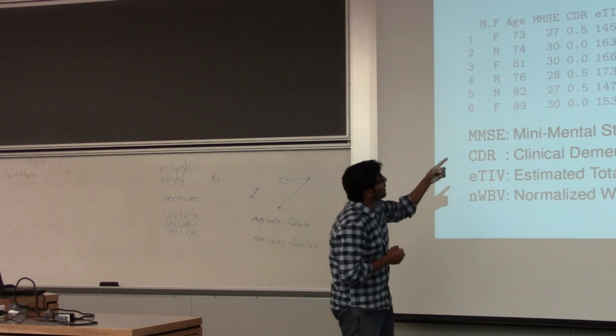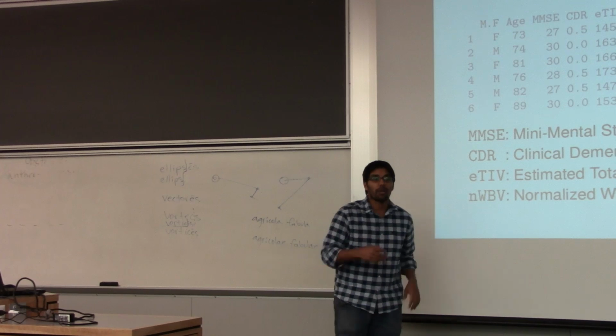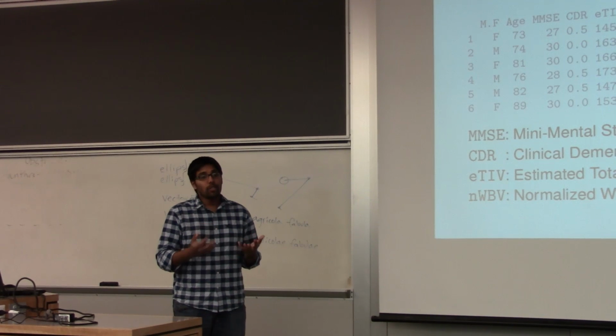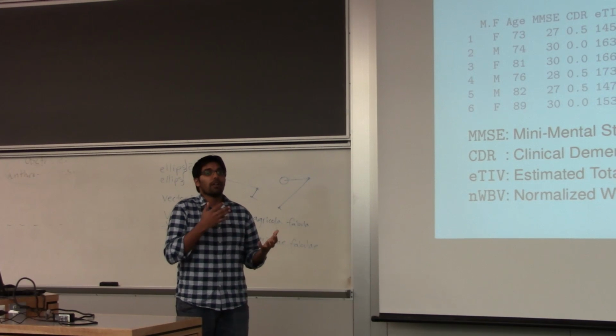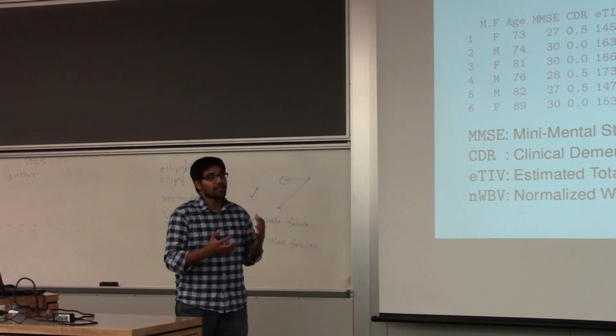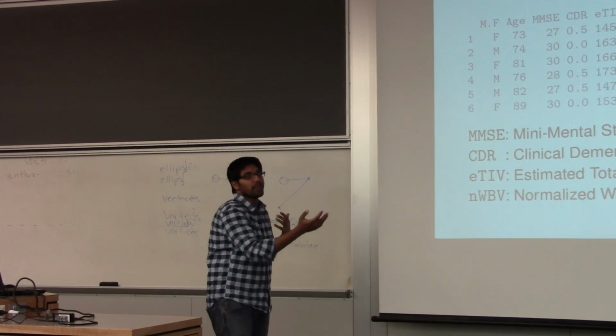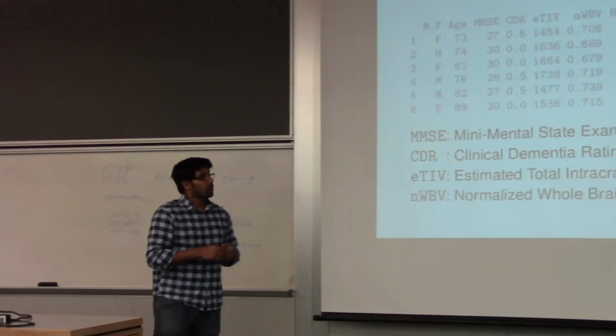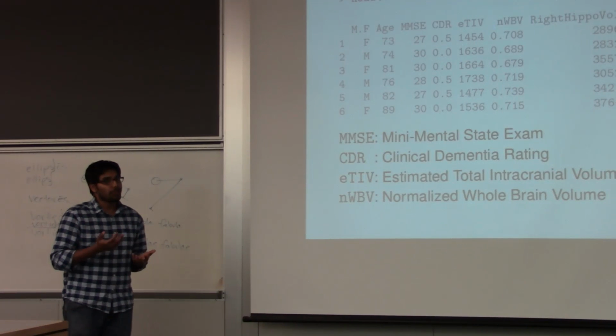The CDR, TIB, and you have all these variables, and you want to ask whether volume is correlated to or can be modeled as a function of which of these variables? Do I include all of them? Do I include some of them? And how do you reach that conclusion?